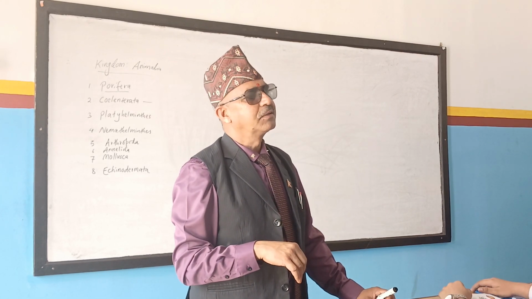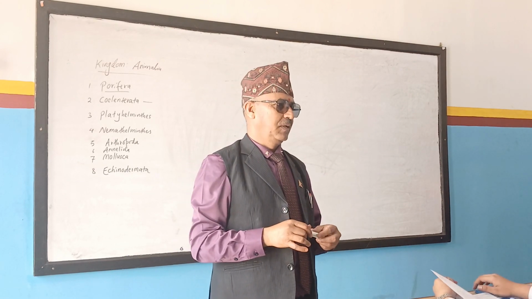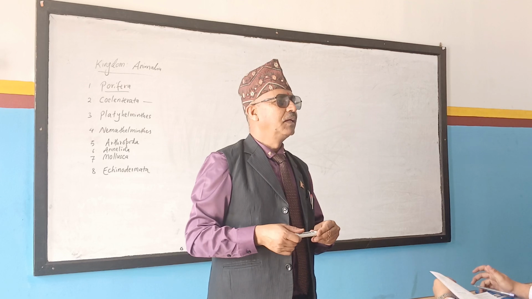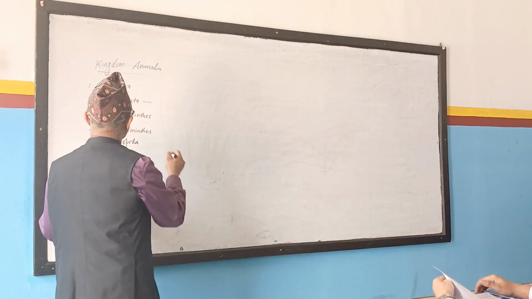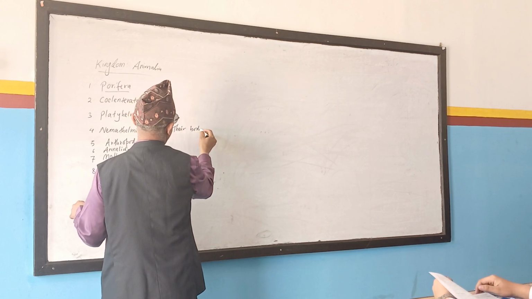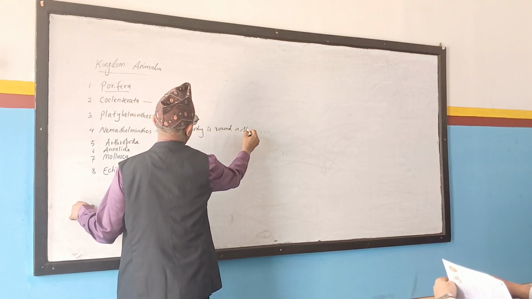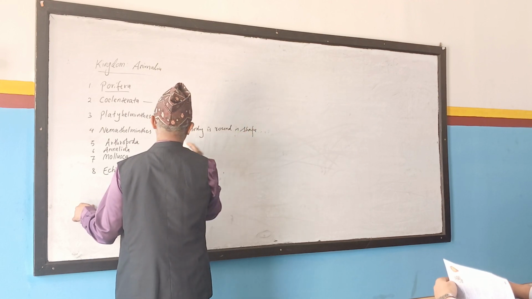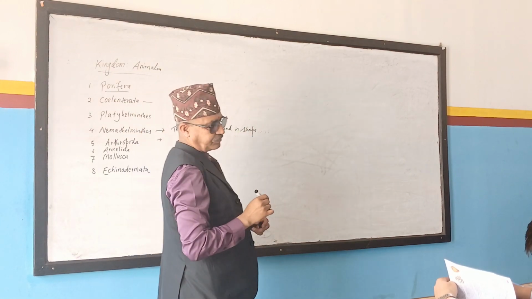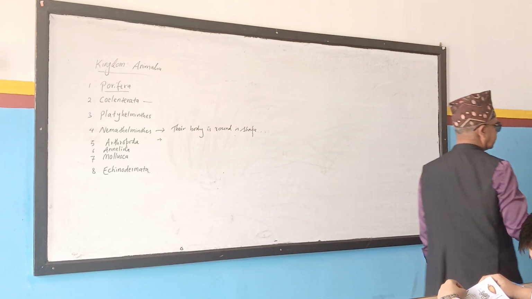Nemathelminthes, how is their body? Their body is round. A roundworm belongs to Nemathelminthes. So their body is round in shape. Okay. What is the next important characteristic of Nemathelminthes? Find out.